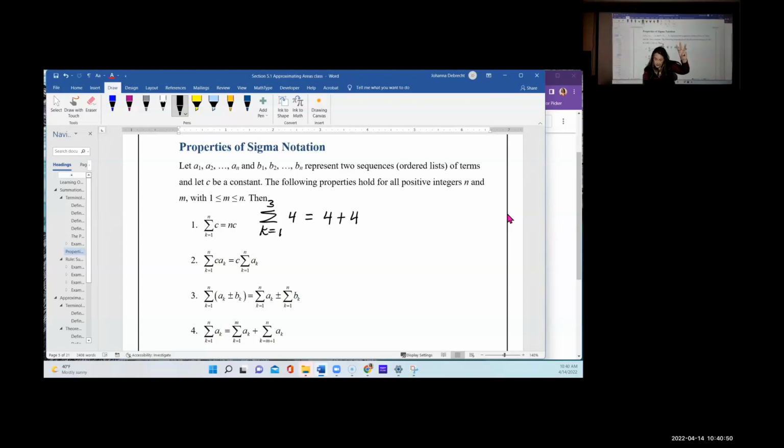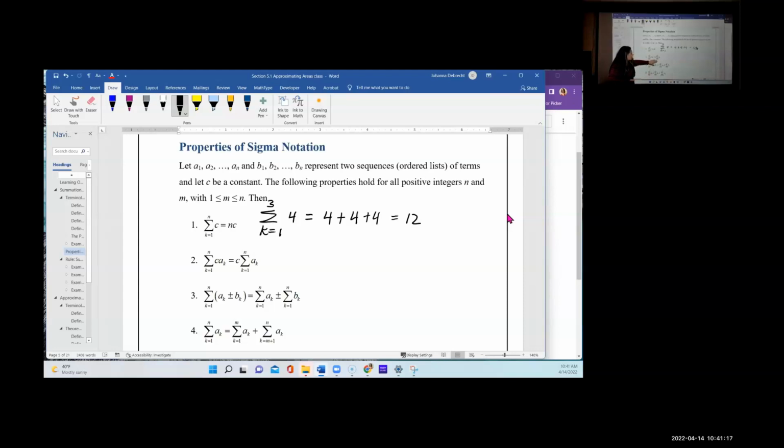Then k is 3, and I add 4, which means I have 4 there 3 times. And this gives me, of course, 12, which is the same thing as taking the upper limit and multiplying by the constant that is the summand. Now, this only works if it starts at k equal 1. If it doesn't start at k equal 1, it's not quite the same. You'll get a different value.